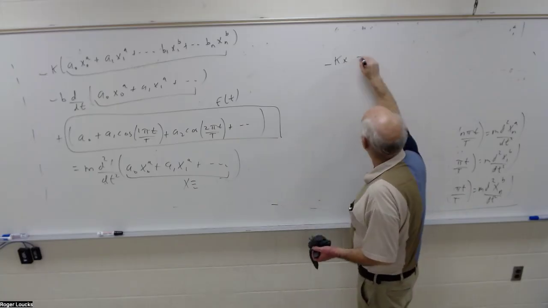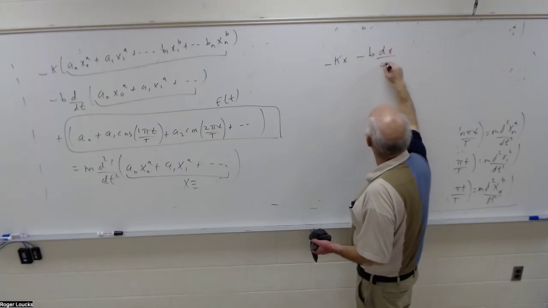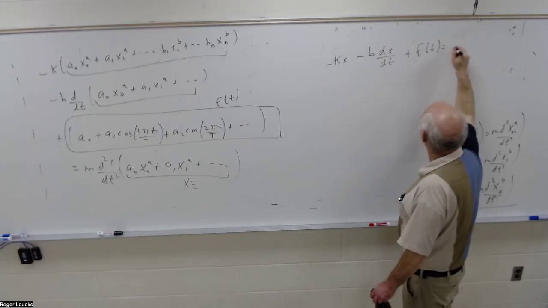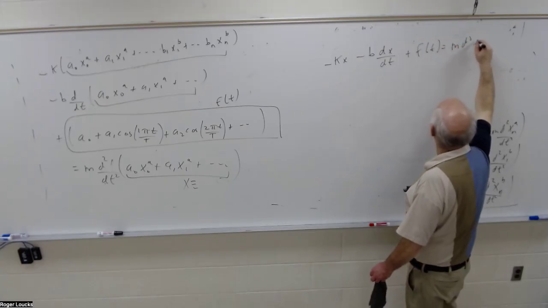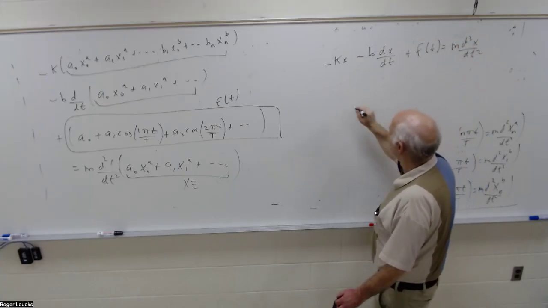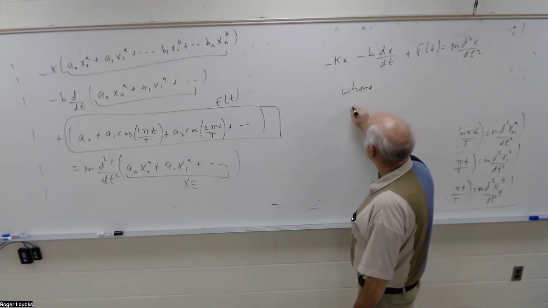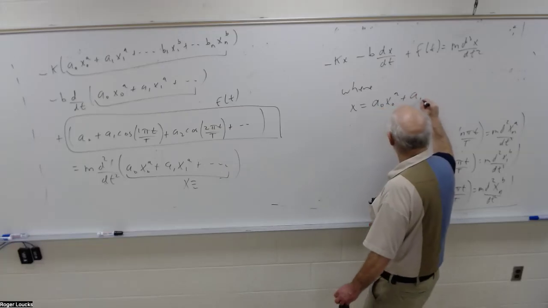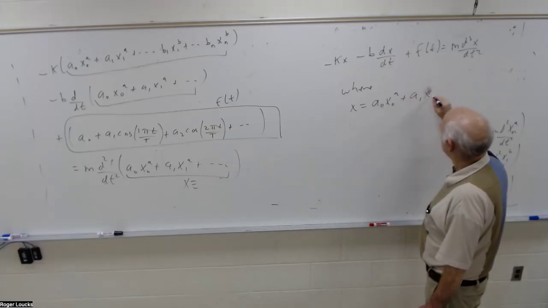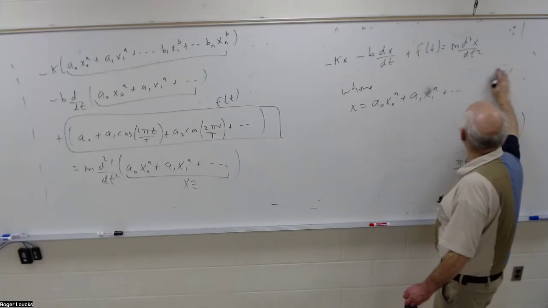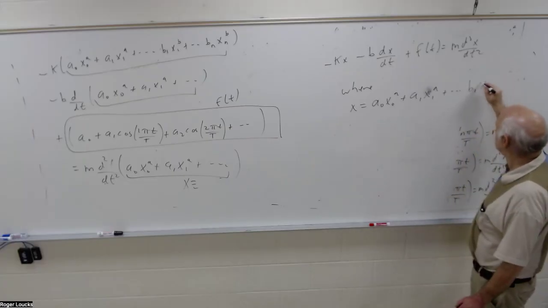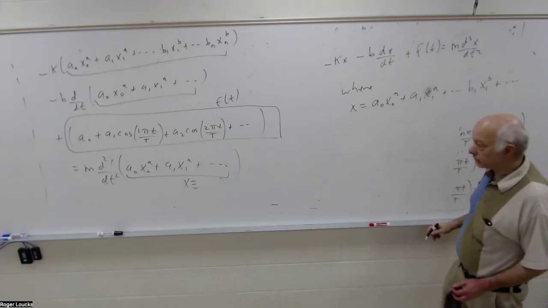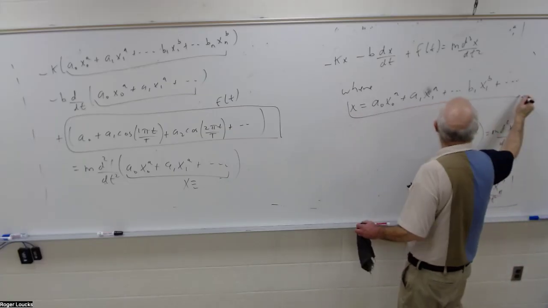So I'm going to bring this guy here, and that's going to be my f of t, and then this is my m here, where this x is my a0 x0a, this a1 x1a, and so on, plus the b1 x1b. I know all those coefficients, so that right there is my solution.